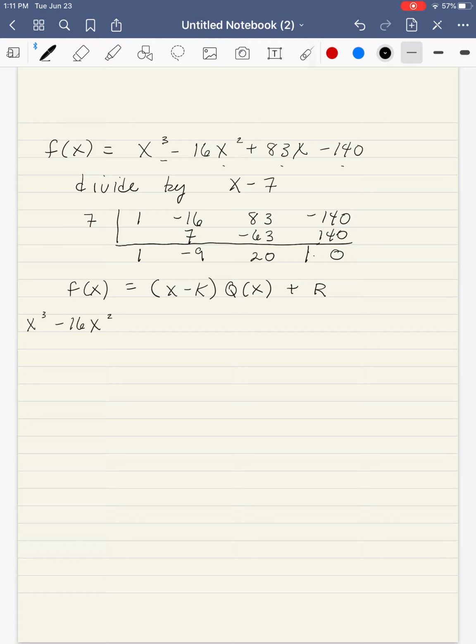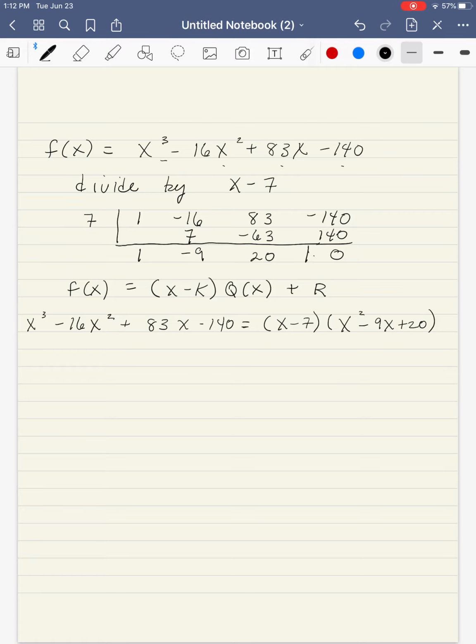So double check your arithmetic there if you don't have that answer. And then we're going to write out what we have here. What we're dividing, and then our quotient. And there is no remainder, so I don't have to put plus 0. I just don't have a remainder here.